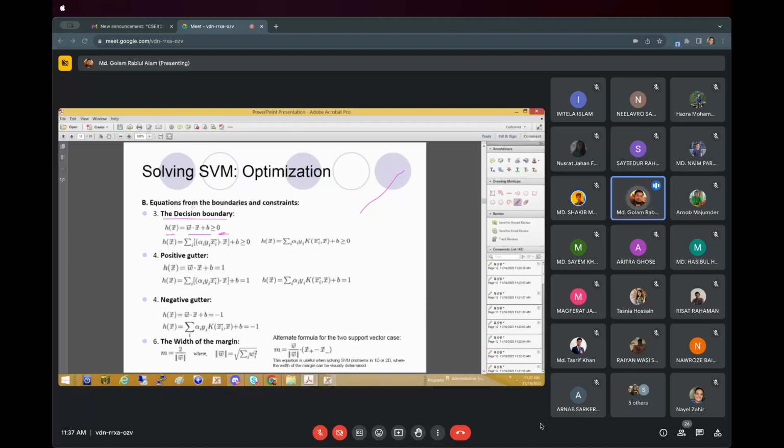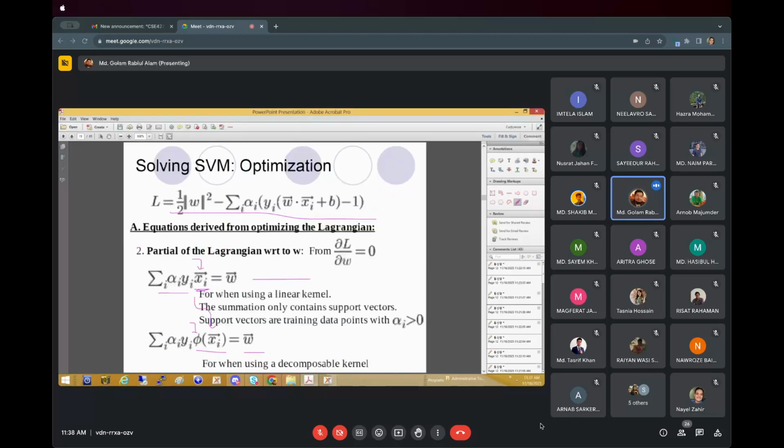That means we can see now, if we put the value of w here, where can we get the w? According to our equation number 2, you can see this is the equation.